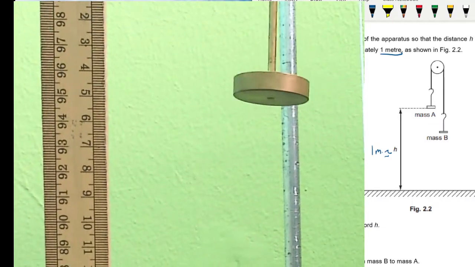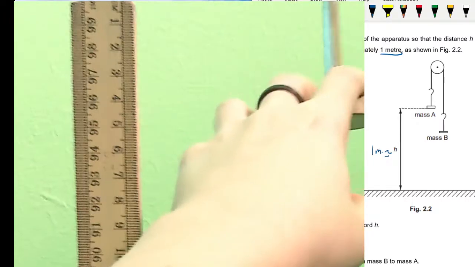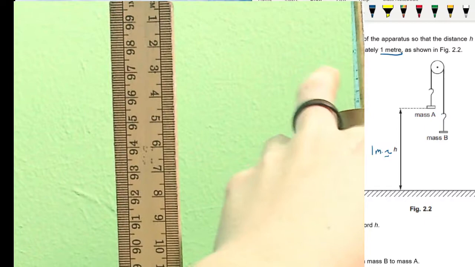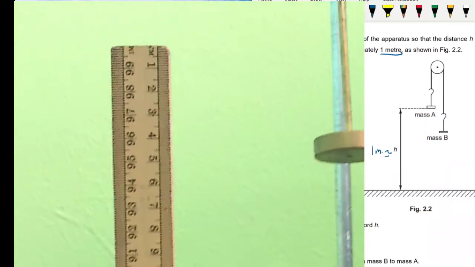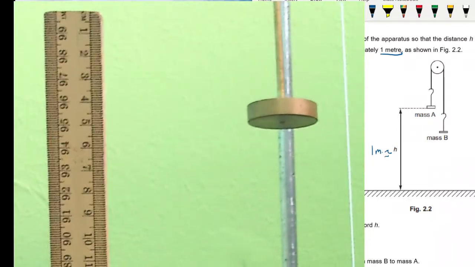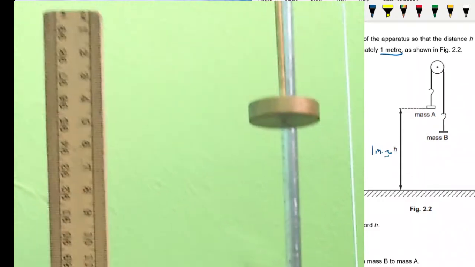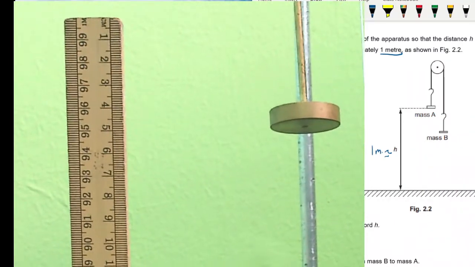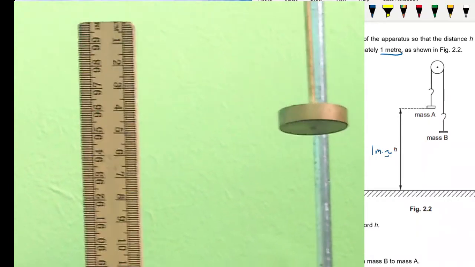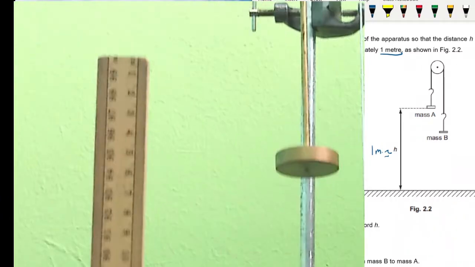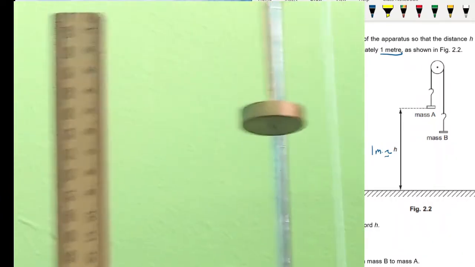Okay, try to not shake the camera too much. So now what you can do is pause the video and take the reading for H. If you want a fiducial marker for this, because you don't know the depth of field, there is parallax error here.